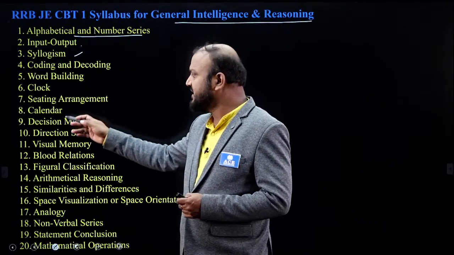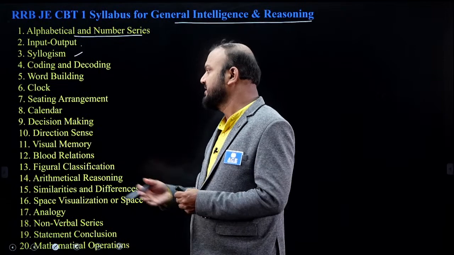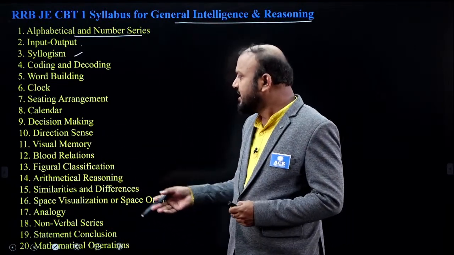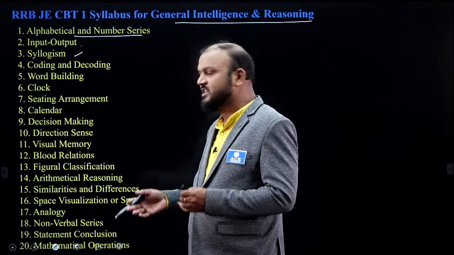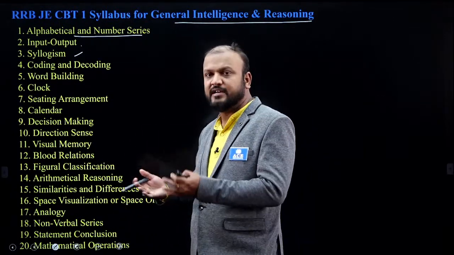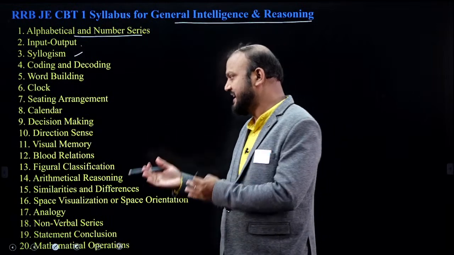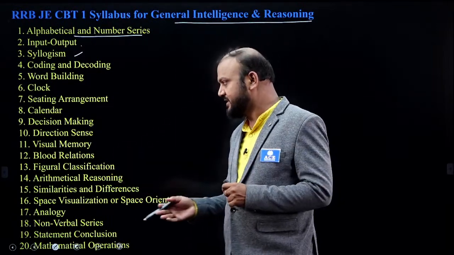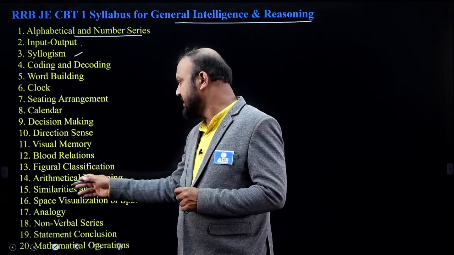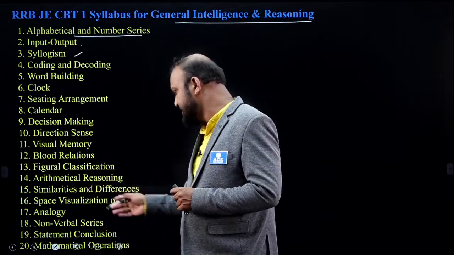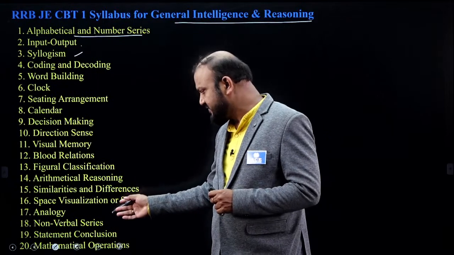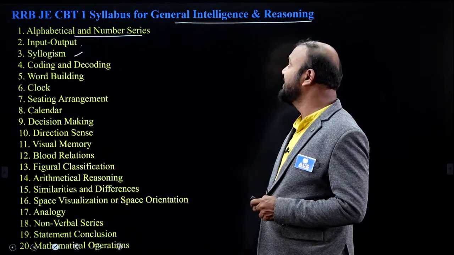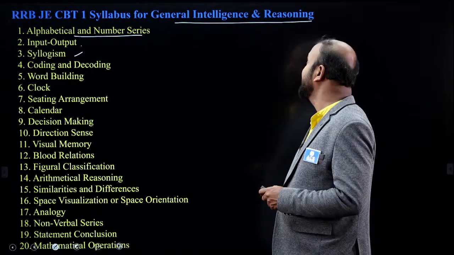Look, seating arrangement, calendar, decision making, direction sense, visual memory, blood relations, figural classifications, means you will be given a set of figures and need to identify which is matching or which is not. Mapping of it, arithmetical reasoning, similarities and differences, space and visualization, totally 20 topics are there under general intelligence and reasoning.